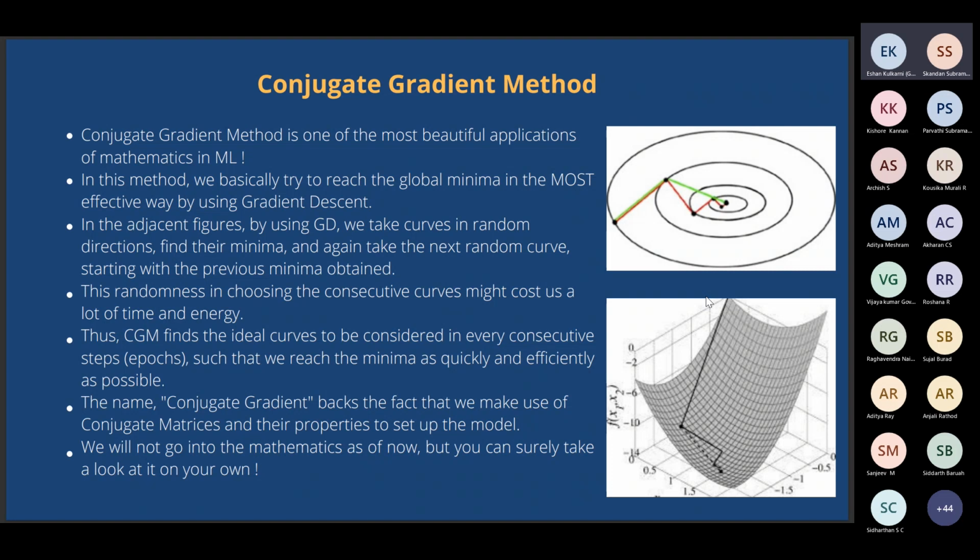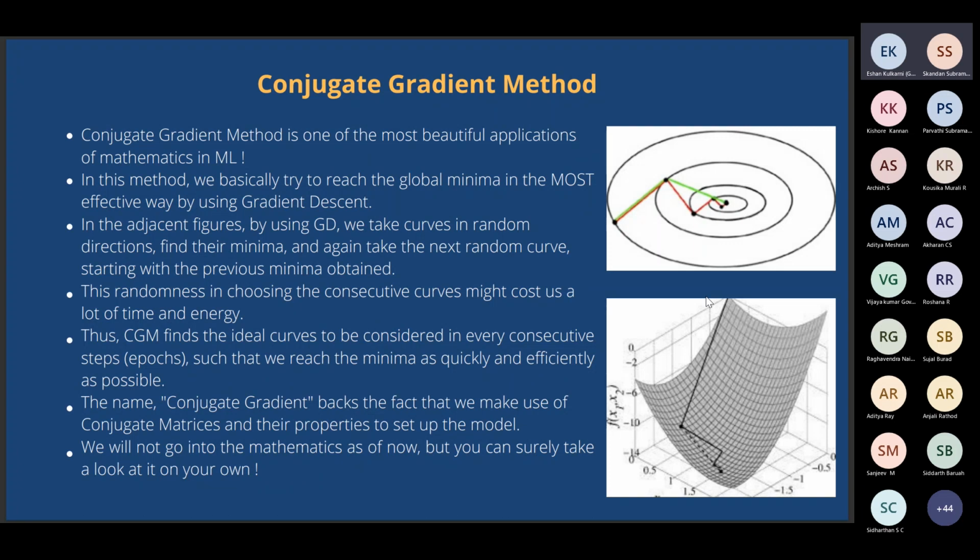The red path is how we reach the optimal solution by the normal gradient descent methods, and the green path is how we reach it with the conjugate gradient method. This method makes use of conjugate matrices, and it basically determines the direction and the steps we are supposed to take to reach the solution.